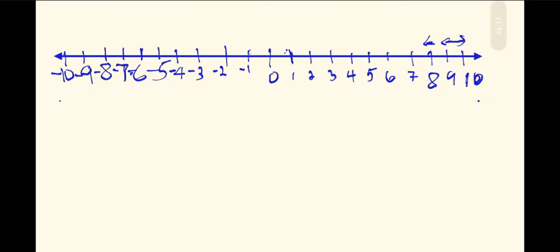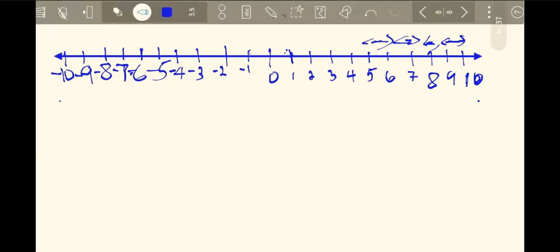The reason why I'm saying that is the segments between the numbers are not the same, so it's not drawn to scale. If you want to draw a number line to scale, moving from one number to another should be the same.